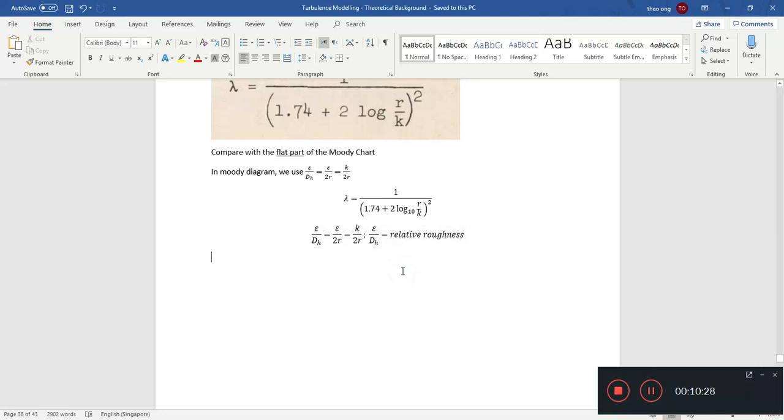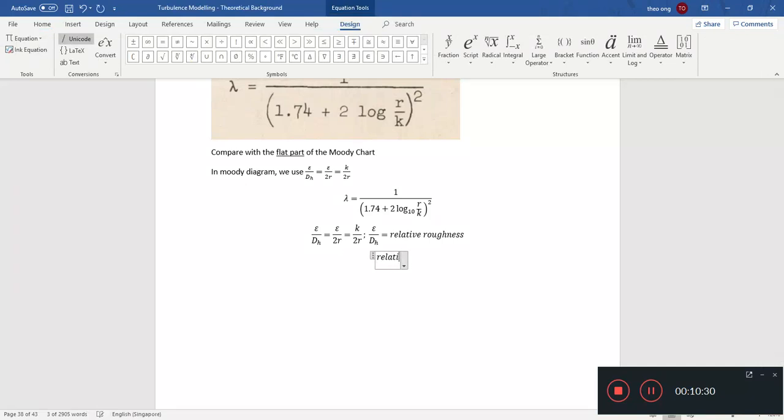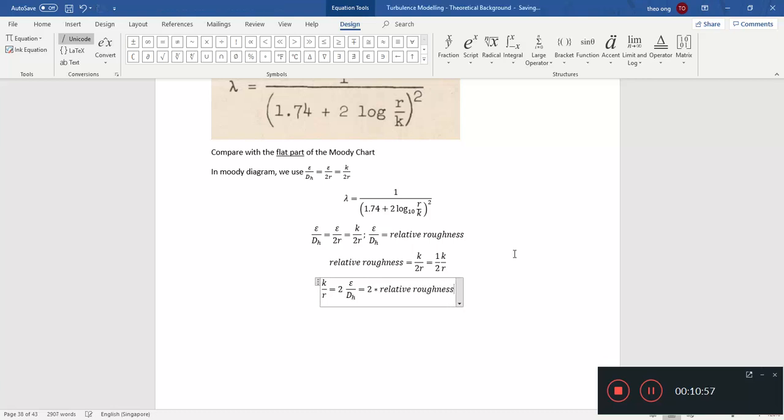So we can write here relative roughness equals K over 2R, otherwise equals half K over R. So what can we know? K over R equals 2 epsilon over dH. So it's 2 times the relative roughness.